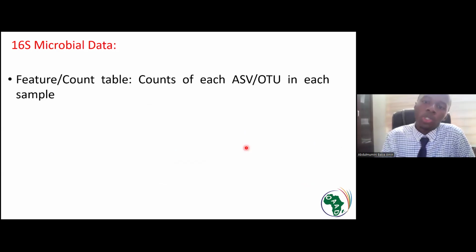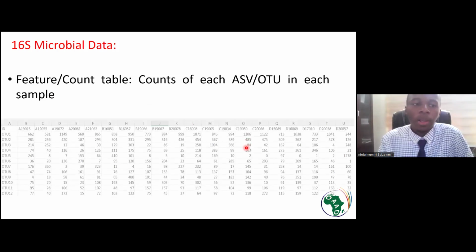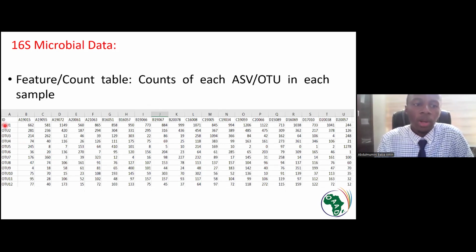Next is the feature or count table, sometimes called the OTU table. This count table is the count of each OTU in a sample. This is how it looks. These are the OTUs. In the case of ASVs, these will carry ASV numbers. These ones are the replicates. You can look at group A with replicates 1, 2, 3, 4, 5, and group B, replicates 1, 2, 3, 4, 5.